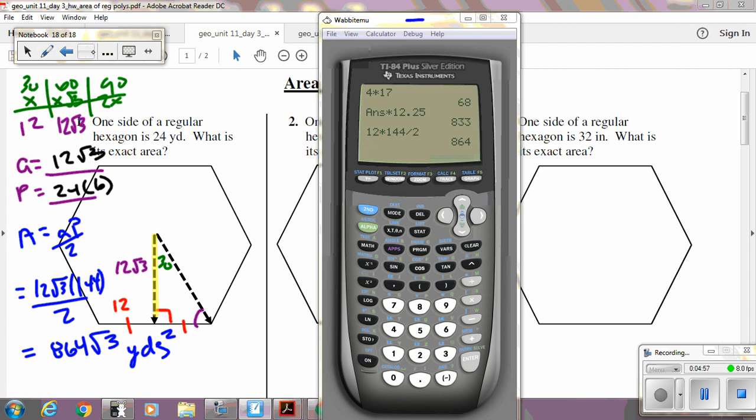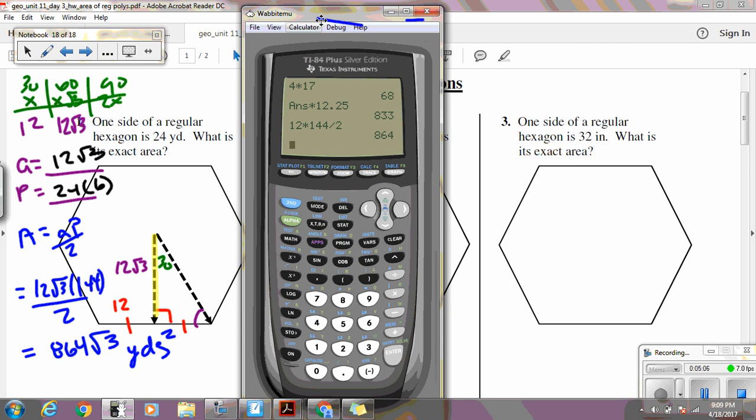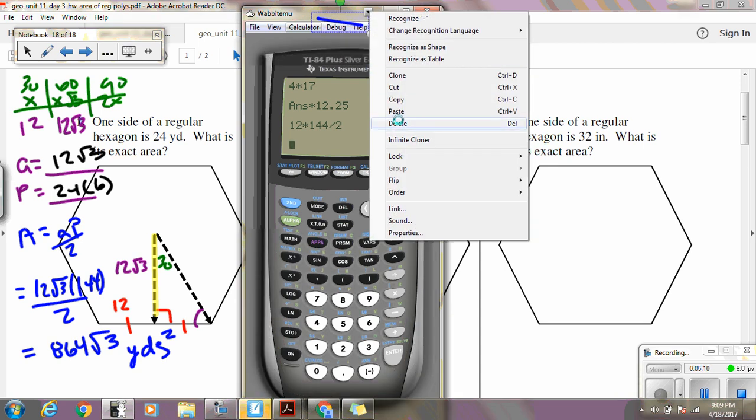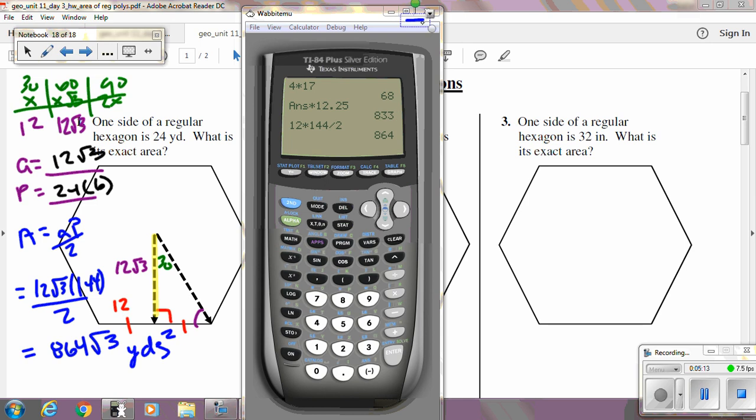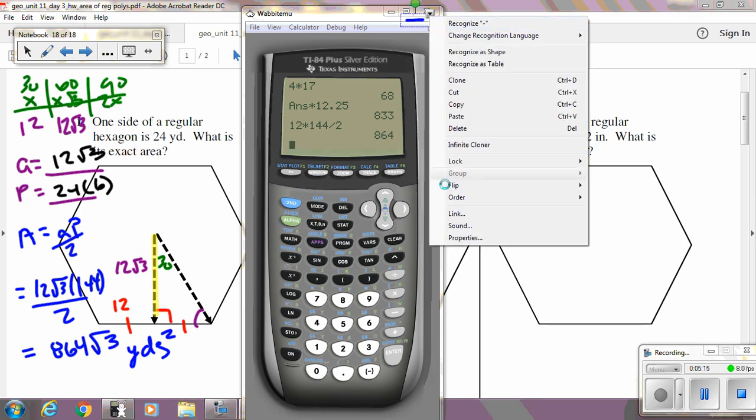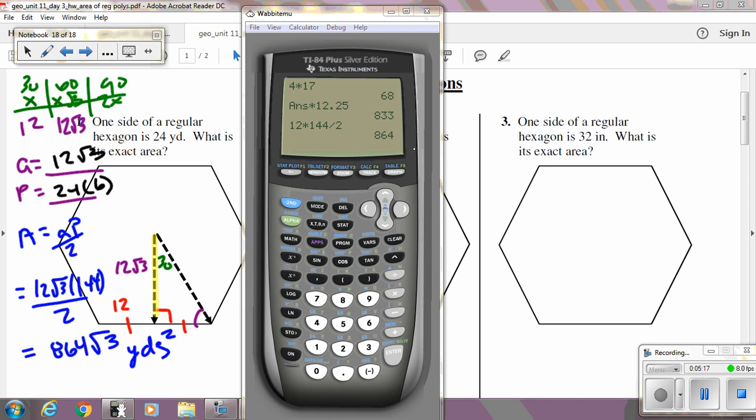So for number 2, we're going to duplicate the same things. Again, it's a 30, 60, 90 situation because I only have one side.